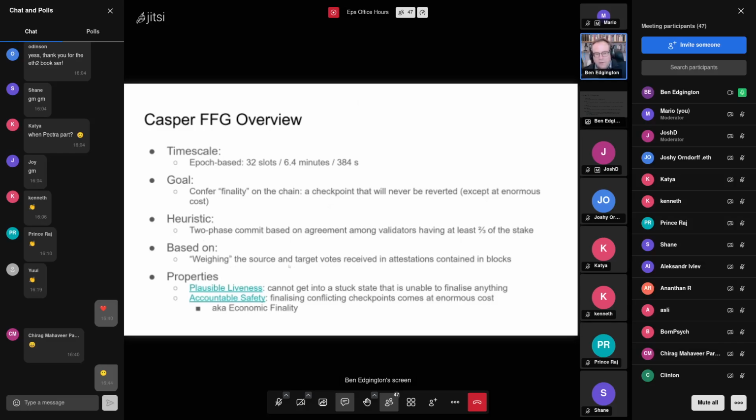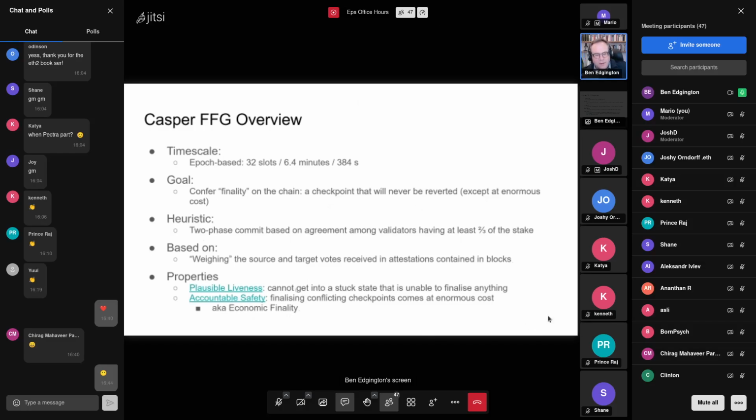We weigh source and target votes received in attestations, but we only consider attestations that are contained in blocks for this, because it makes changes on chain. Finality is updated on chain. We can only consider attestations that are in blocks, because attestations on the wire on P2P are ephemeral. They can be lost forever. Blocks are forever, though.